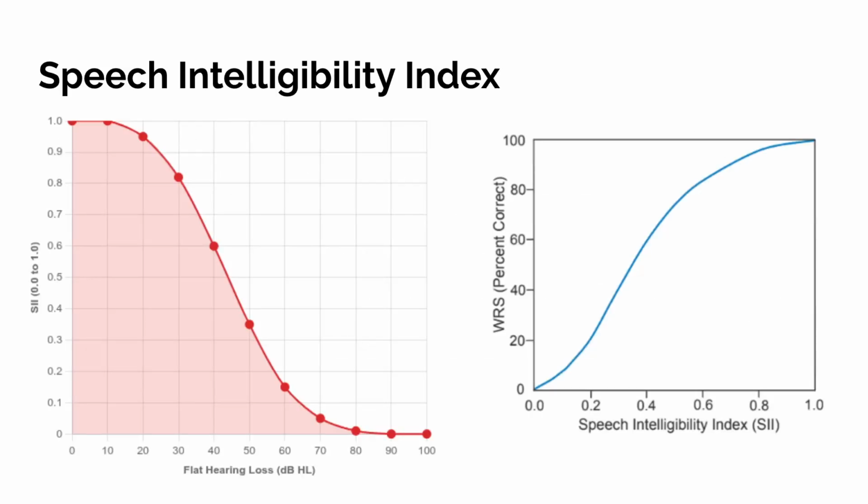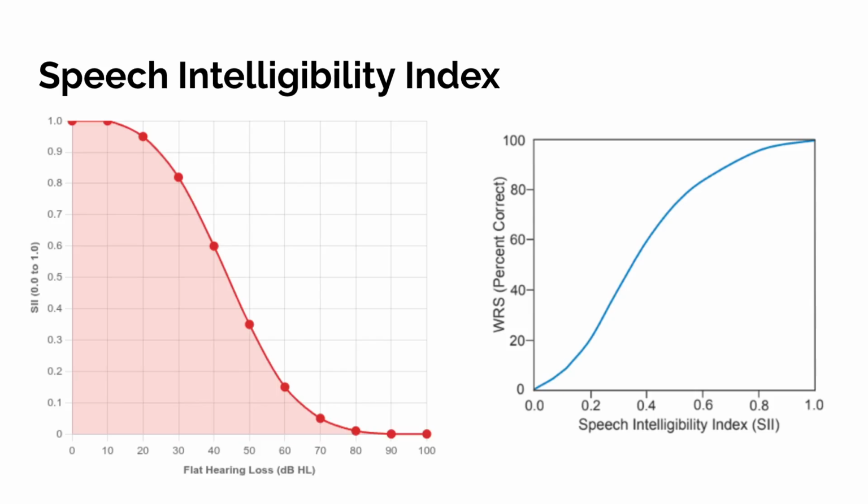So here we want to show you a couple of diagrams. Here we see two hypothetical plots demonstrating the relationship between Speech Intelligibility Index and a flat hearing loss. In the plot on the left, Speech Intelligibility Index drops as the flat hearing loss increases, and this is a reverse ogival curve or a sigmoidal curve.